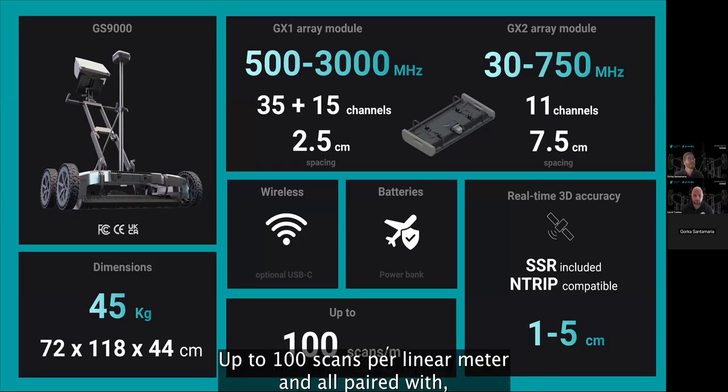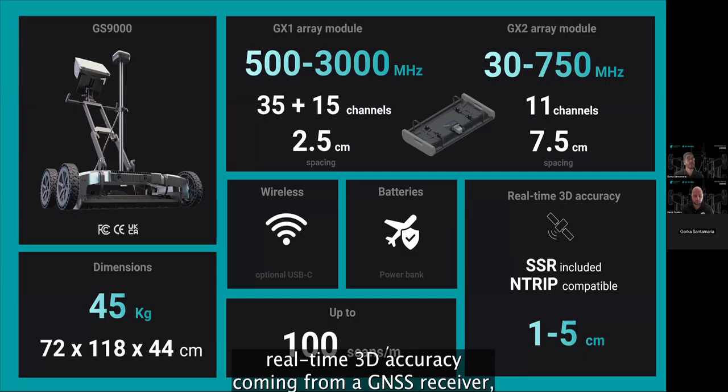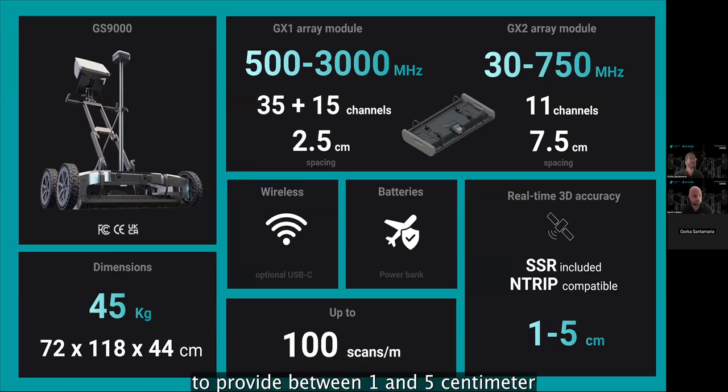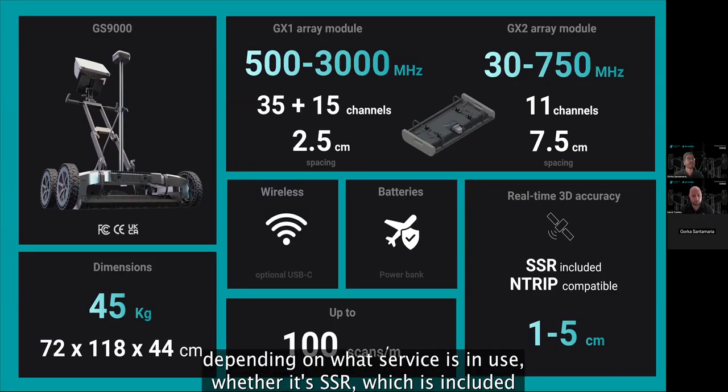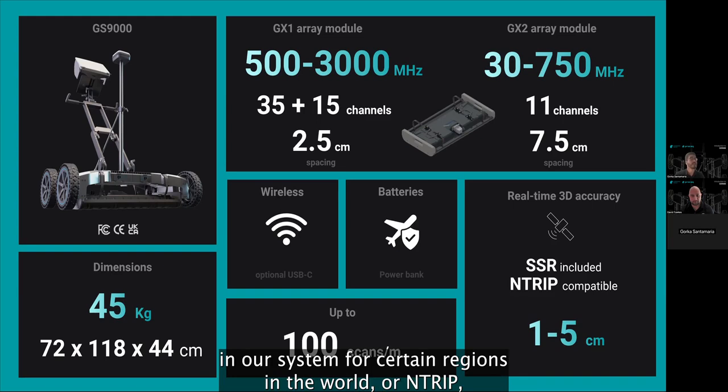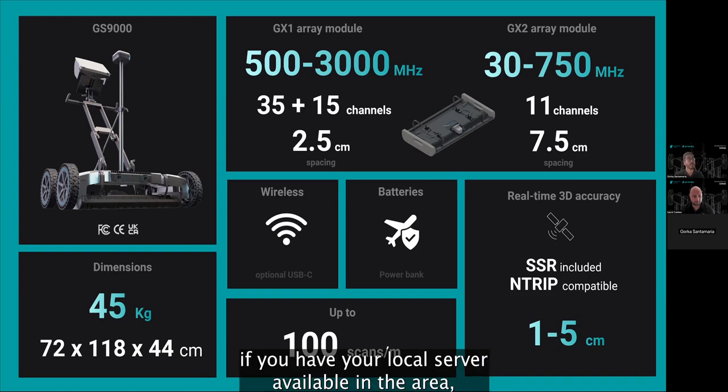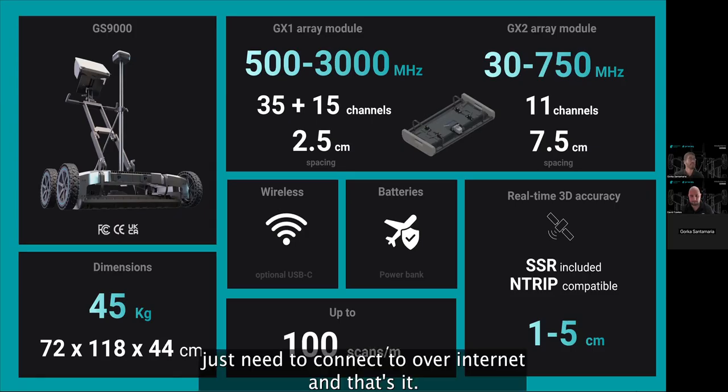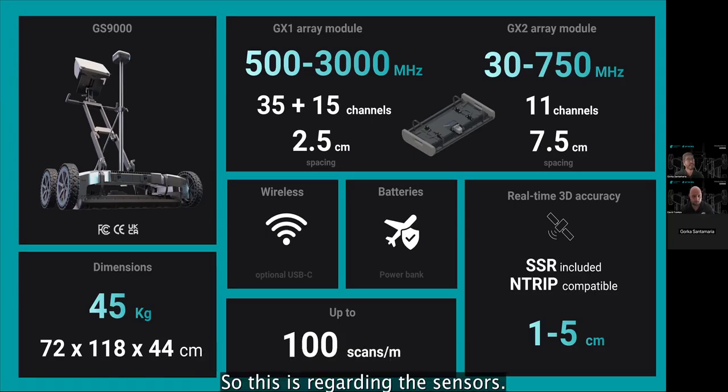Up to 100 scans per linear meter, all paired with real-time 3D accuracy from a GNSS receiver, providing between 1 and 5 centimeters depending on what service is in use, whether it's SSR, which is included in our system for certain regions in the world, or NTRIP if you have your local server available in the area. You just need to connect over the internet, and that's it. So this is regarding the sensors.